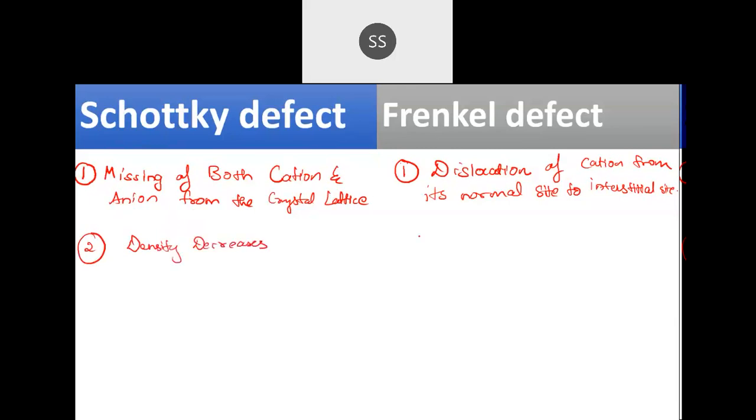And in Frenkel defect, density remains the same.